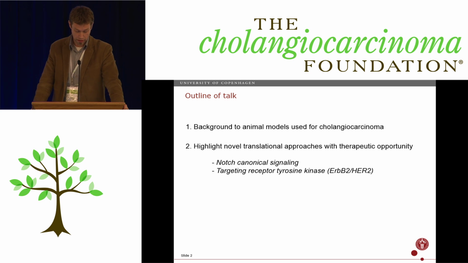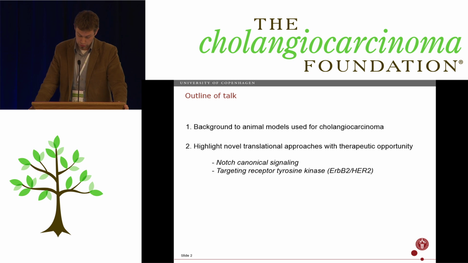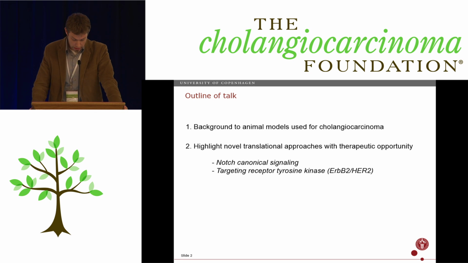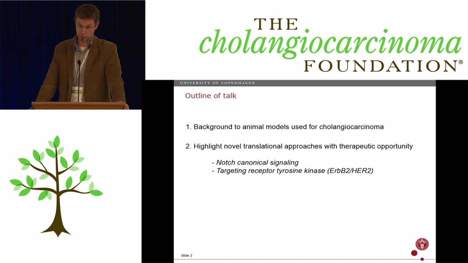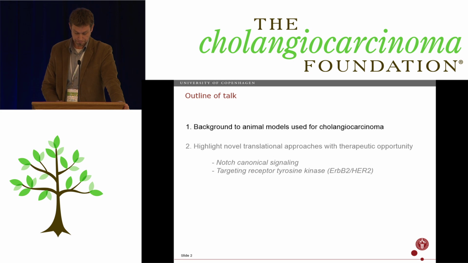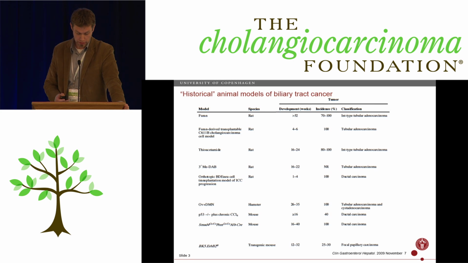After that, I will give a highlight of novel translational approaches with therapeutic opportunity, and we already heard about the non-canonical signaling, and I will also get into that, as well as targeting the receptor tyrosine kinase pathway, the ERBB2 or the HER2 pathway. So first, some of the background.